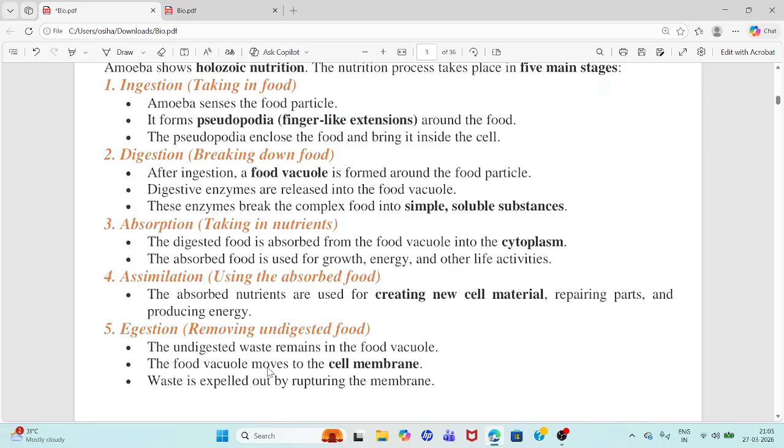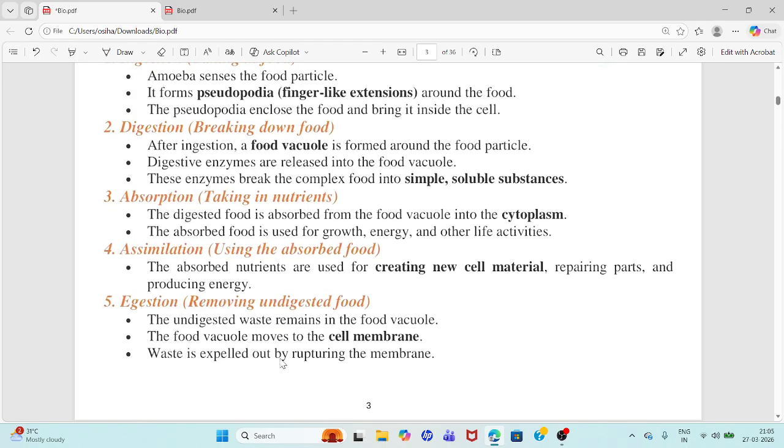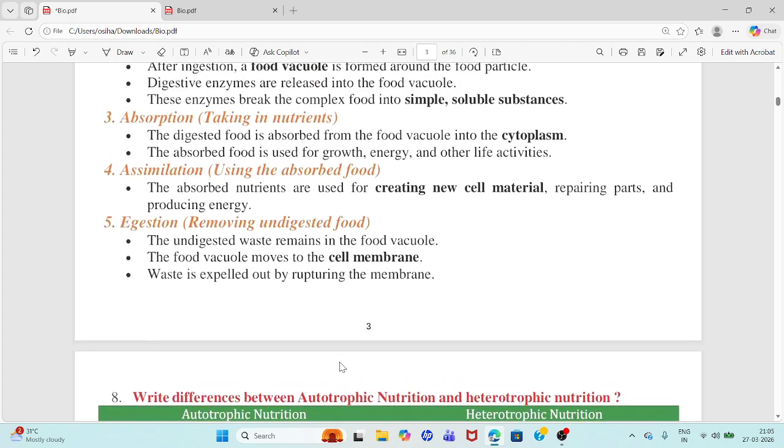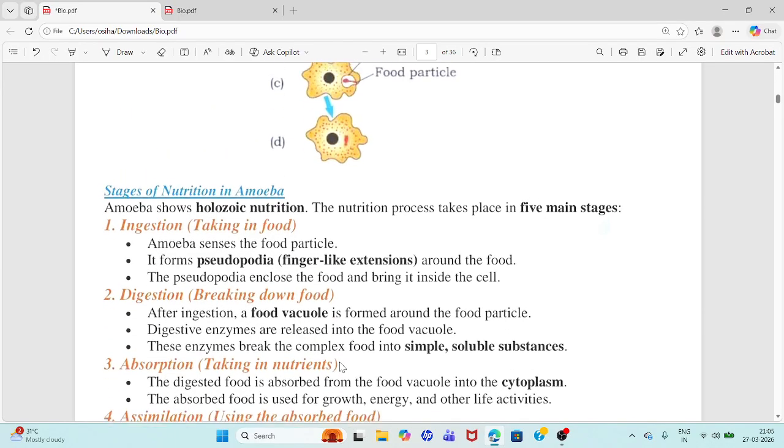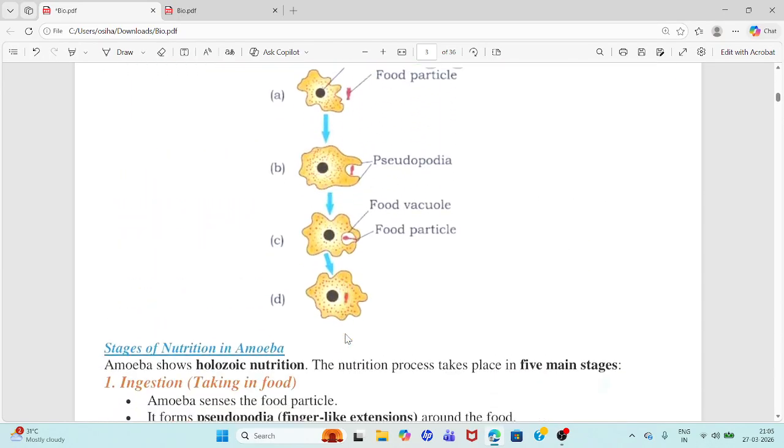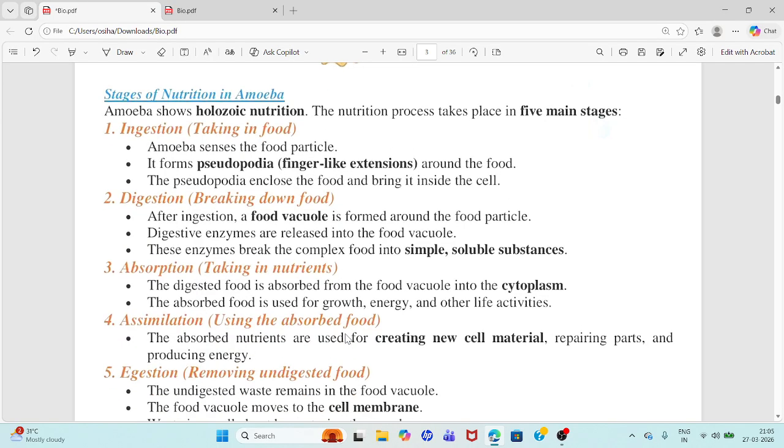The food vacuole moves to the cell membrane, and lastly the waste is expelled out by rupturing the membrane. So these are the five stages: ingestion, digestion, absorption, assimilation, egestion. These are the five stages in amoeba.